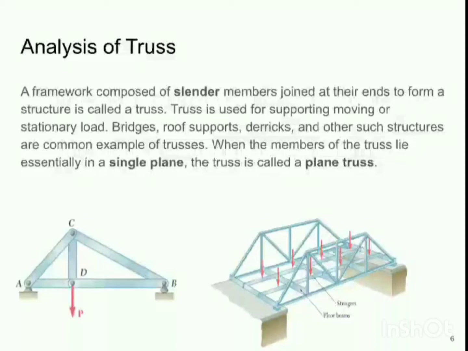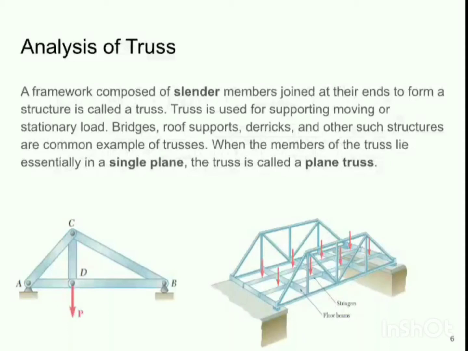As we can observe in the next figure, this is a truss bridge which is used to support the moving loads. Now moving loads means the load coming from the vehicles which will be passing over this truss. Apart from bridges, the trusses are used to support the roof, the derricks and other such structures.